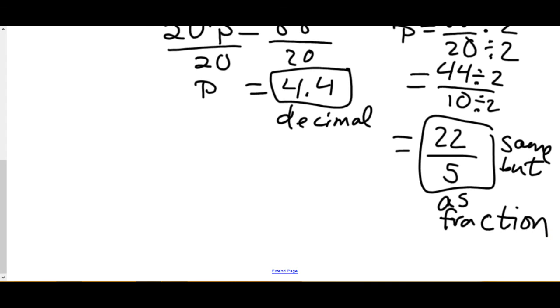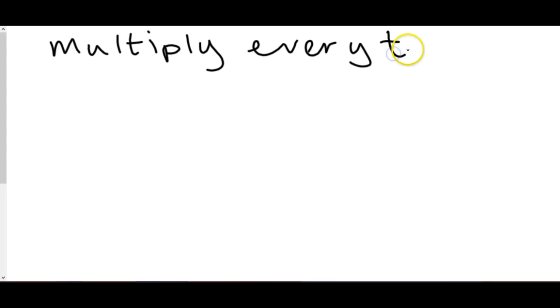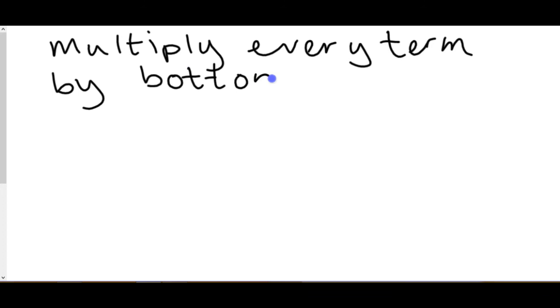So, when we're working through these problems, we multiply every term by the bottom of the fraction. But we have to remember some exceptions.